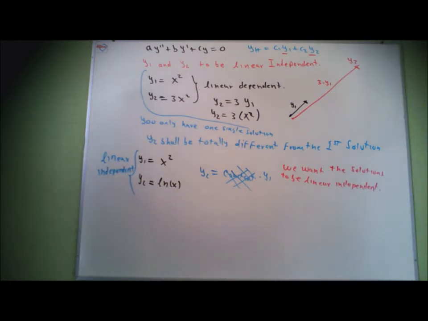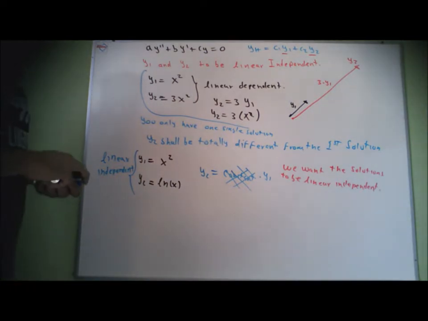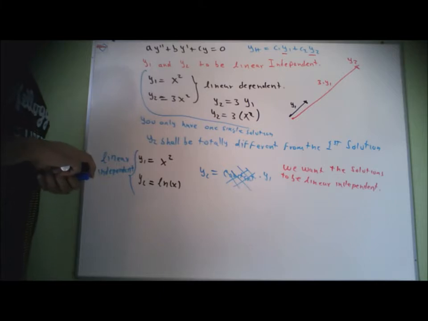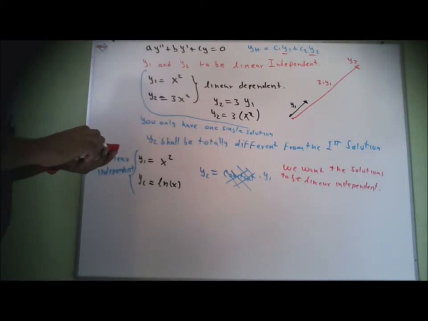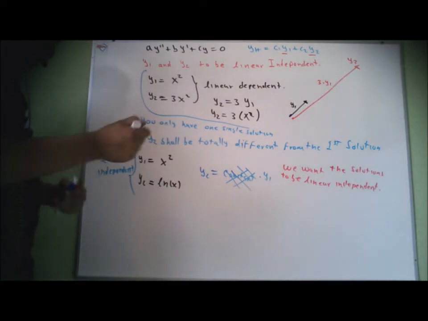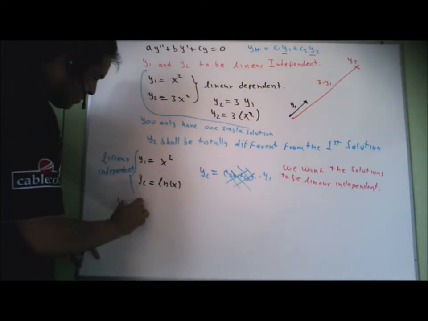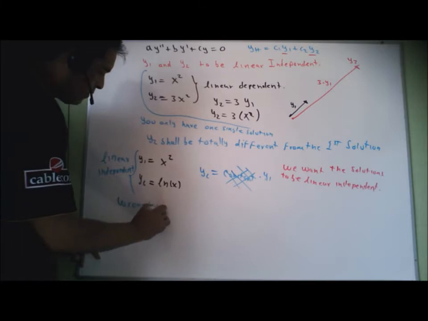Now there is a formula to test if solutions are linearly dependent or linearly independent, and the formula is called the Wronskian, the Wronski formula.